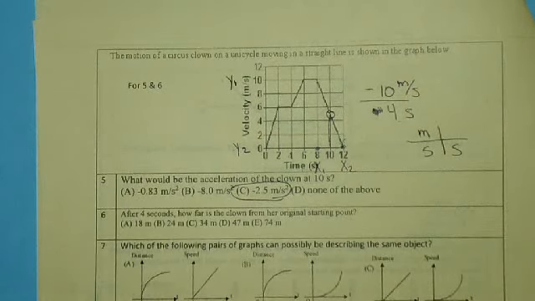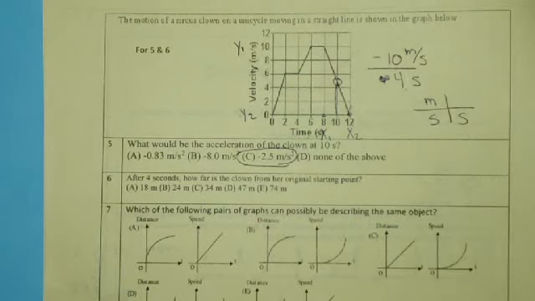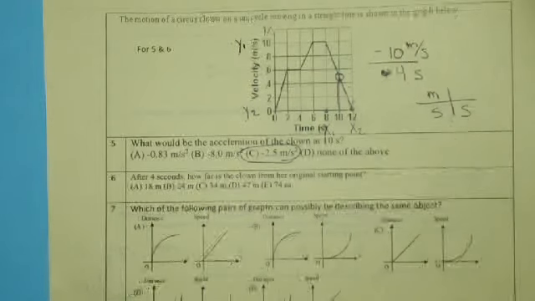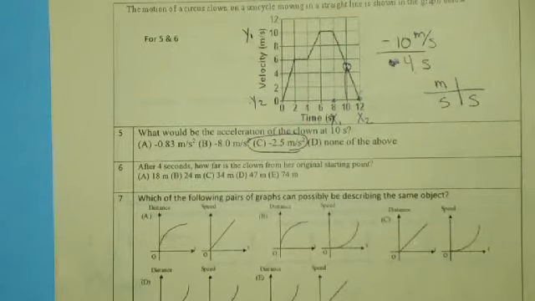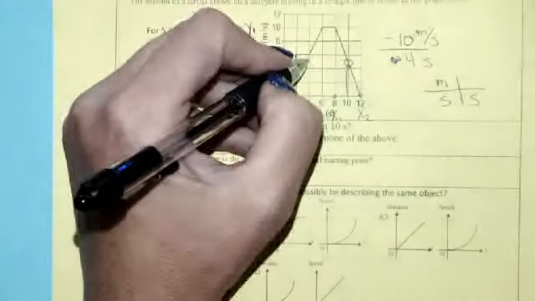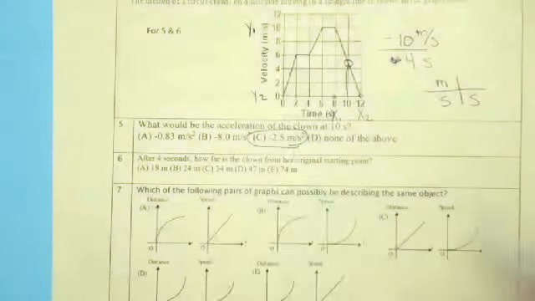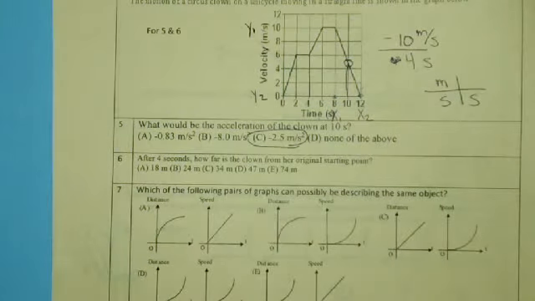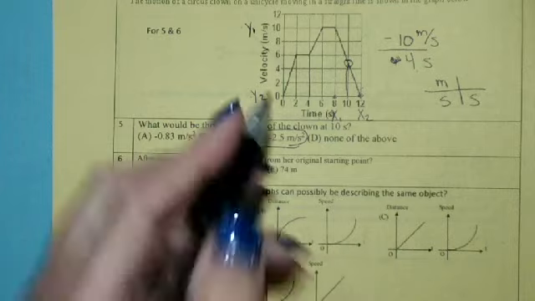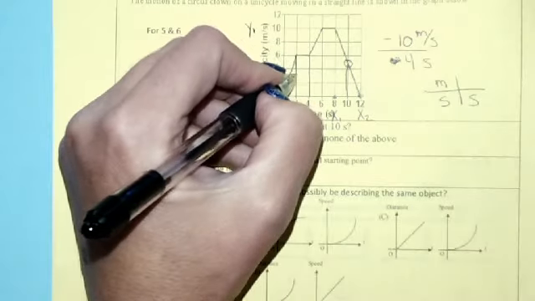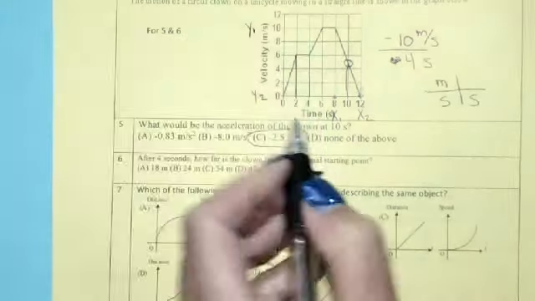Number 6. After 4 seconds, how far is the clown from her original starting point? So at 4 seconds, I'm looking for a displacement. I need to find the displacement of this area, and I don't know an equation for that area, so I'm going to break this into a tall, skinny triangle and a rectangle.